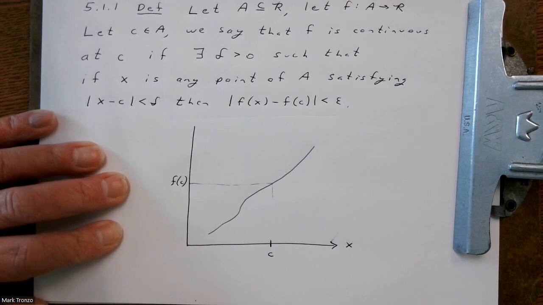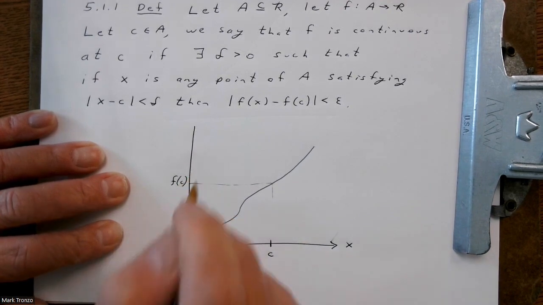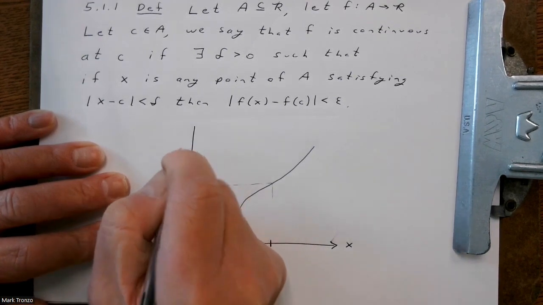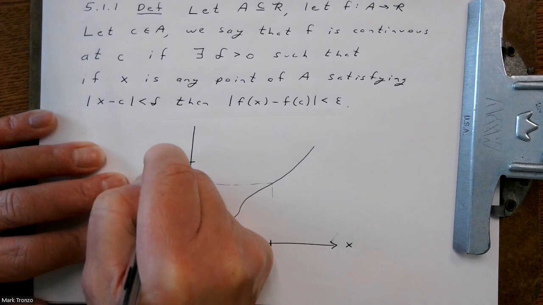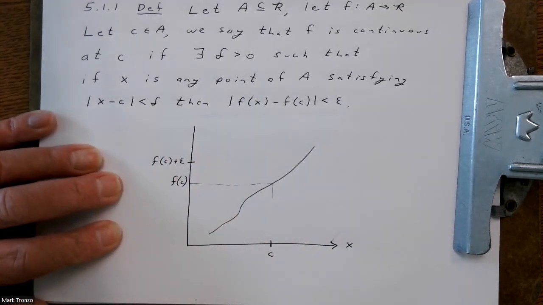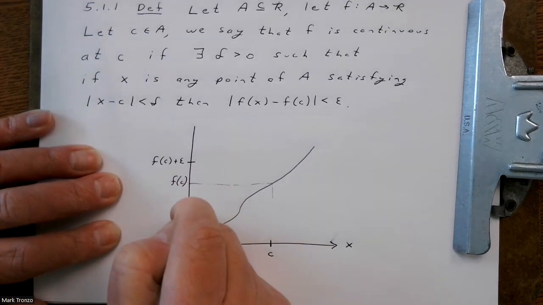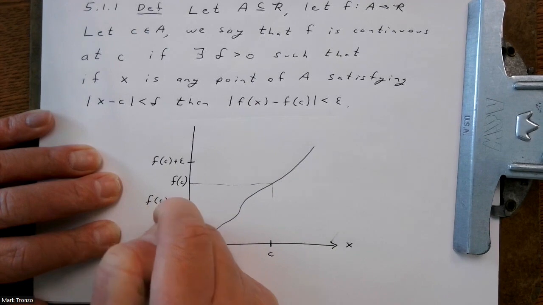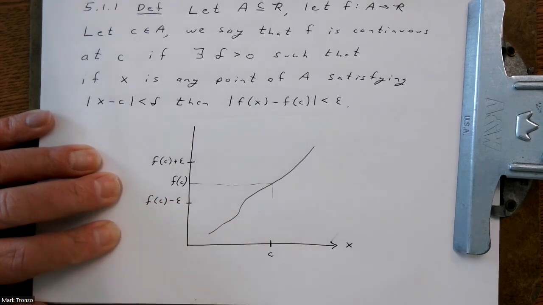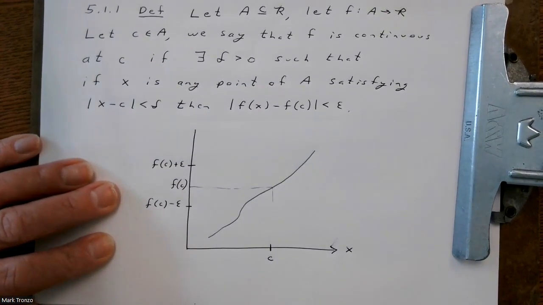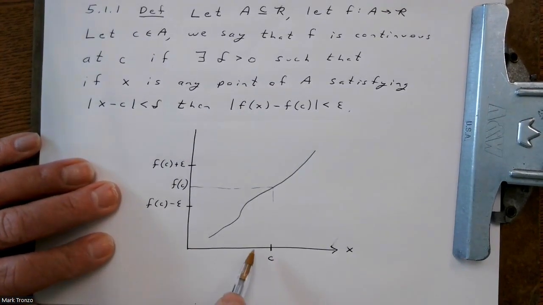And then for any epsilon that you can find, f of c plus epsilon, f of c minus epsilon, you can find a delta.